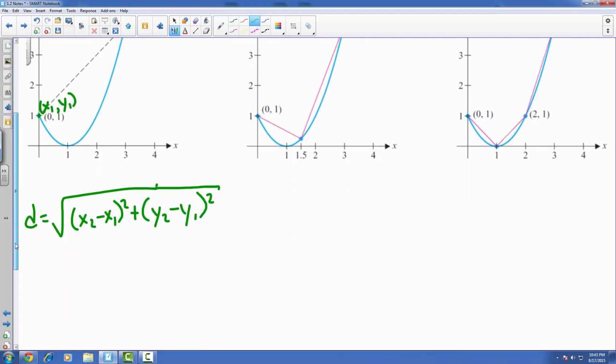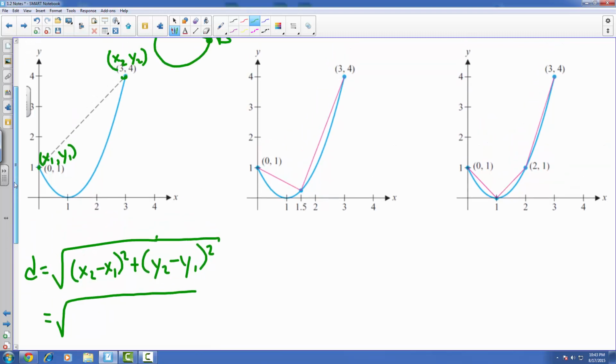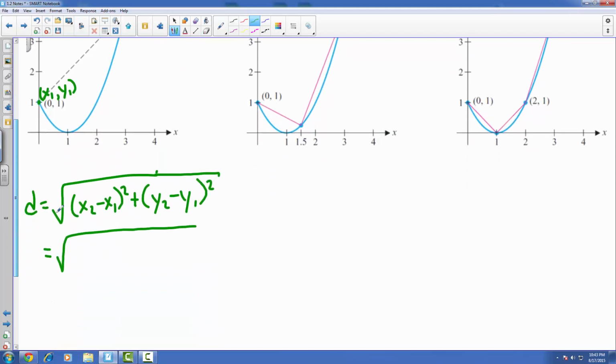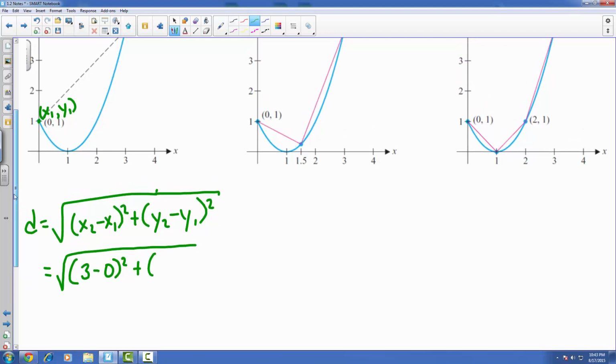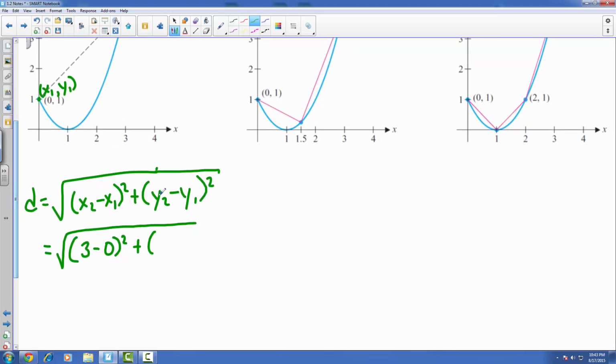So now plugging in our values, we have that the distance is equal to the square root of x2, which is 3, minus our x1, which is 0 here, quantity squared, plus our y2, which was 4, minus our y1, which is 1, quantity squared.